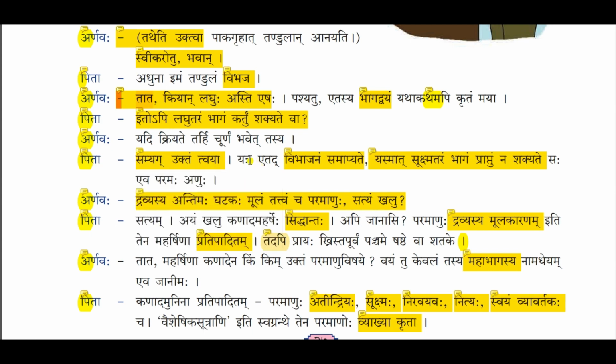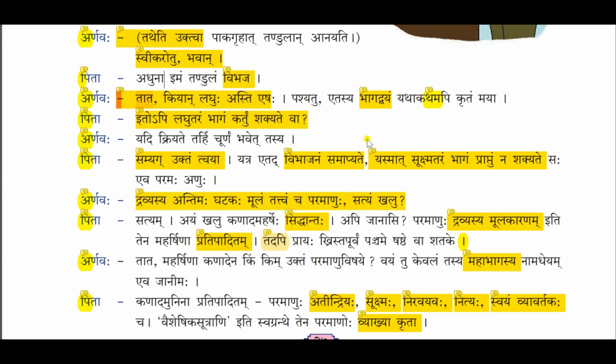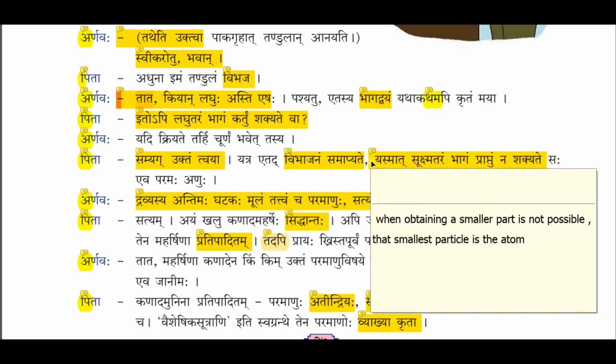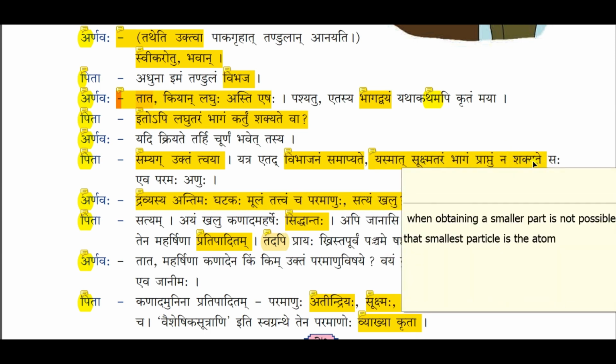Yatra, yat means where. Etad means this. Vibhajanam is subdivision. Samapyate means ends or stops. Where subdivision stops, yasmat means from which, sukshmataram bhagam, sukshmataram is smaller, bhagam is part, praptum to obtain, na shakyate is not possible.